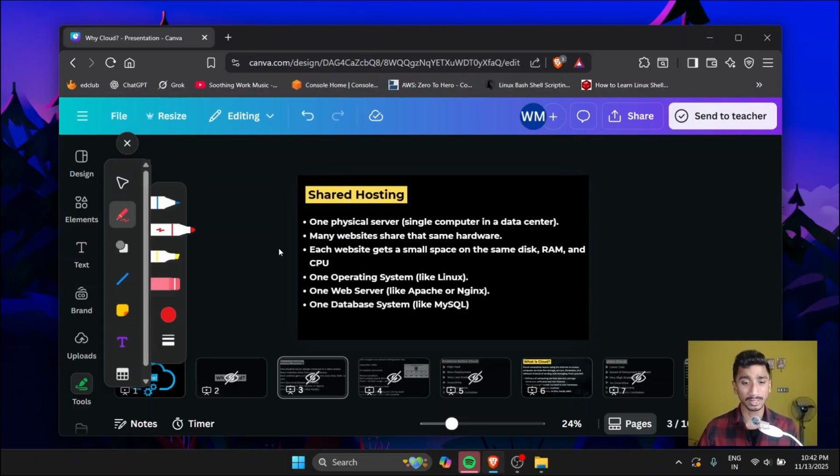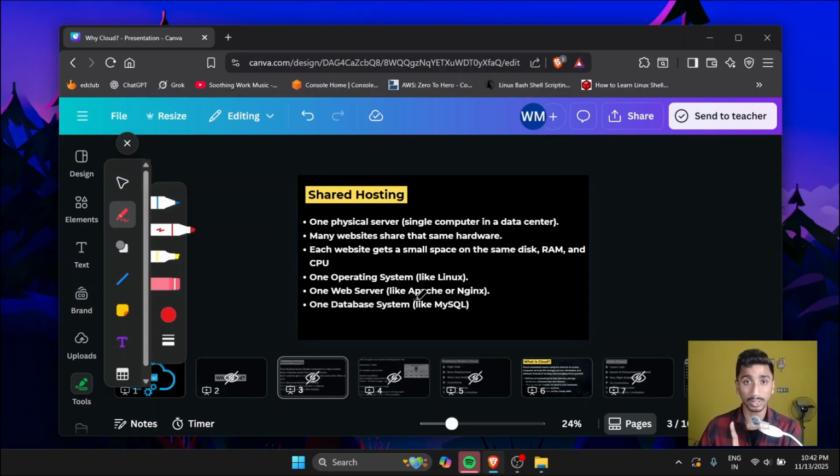What is shared hosting? As you can see here, one physical server, a single computer in a data center, is shared. Many websites share the same hardware. Each website gets a small space of the same disk, RAM and CPU. One operating system like Linux, one web server, one database system.